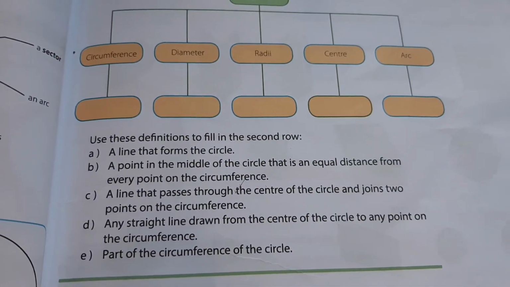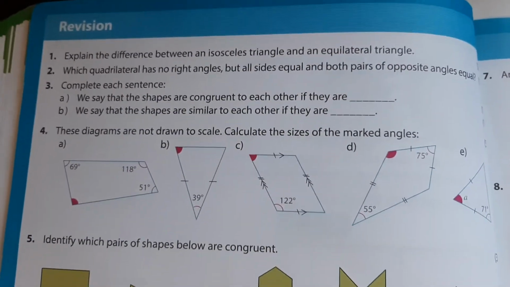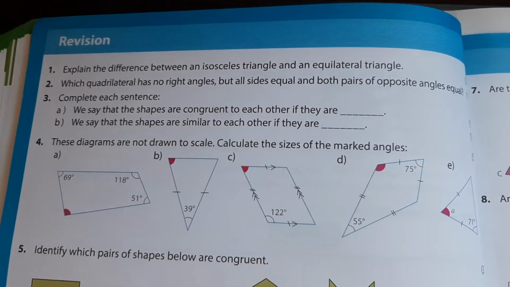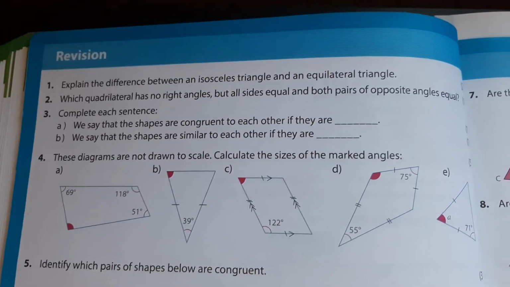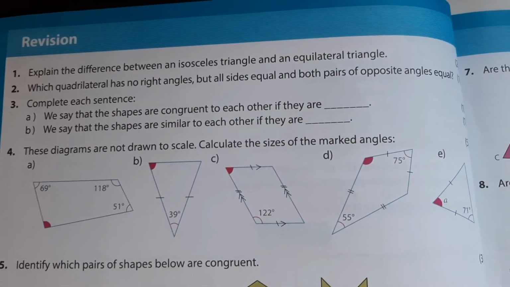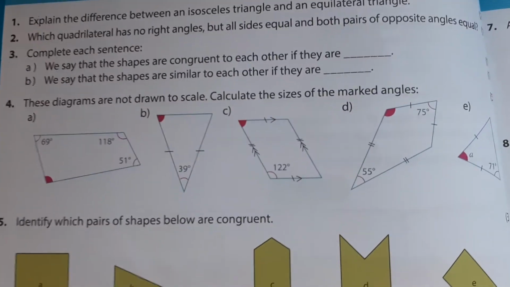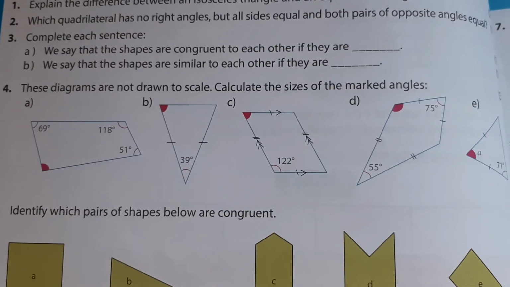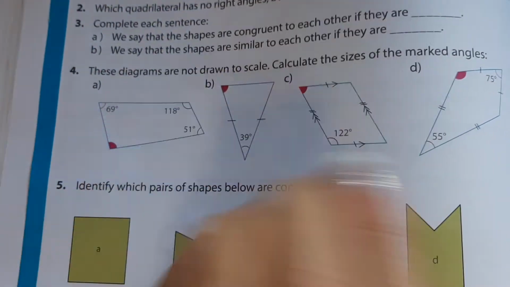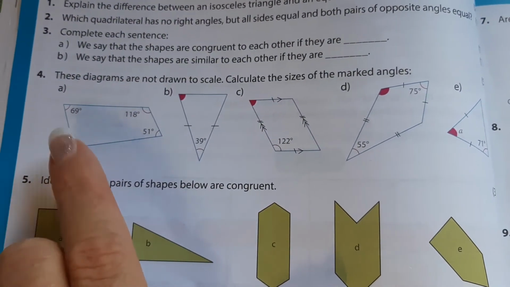Okay, and then we can page over to revision. Again, revision, you can do that for me also, that is easy. Numbers 1, 2, and 3, you can understand by yourself. Number 4, they give you 3 angles of a quadrilateral. Find the 4th one.